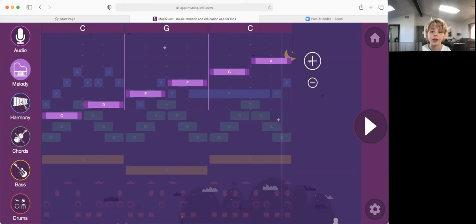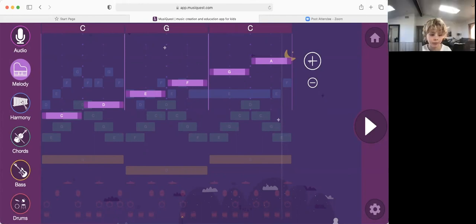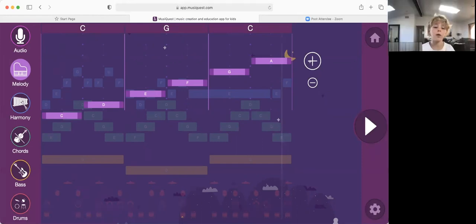So we did the major C scale. All right, so it's C major scale. So you say the letter name first, and then the type of scale that it is, which is major, and then scale. So we focused today on the C major scale. Follow?